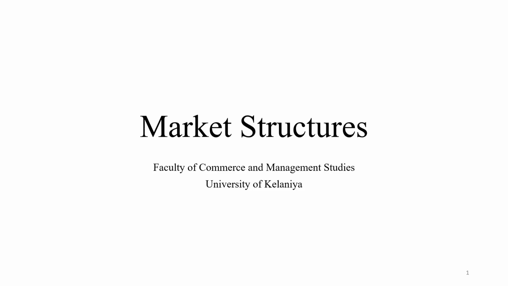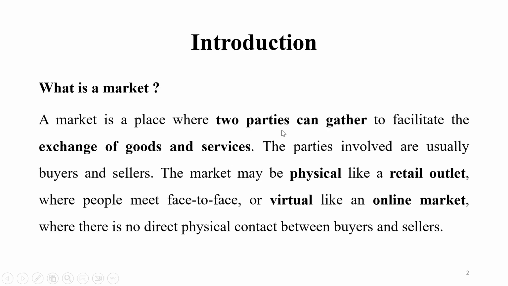First, before moving to identify those different market structures under the topic of market structures, we'll see what a market is. What is a market? Normally, to purchase goods and services we go to a market. The market may be a fair, a boutique, or a supermarket.